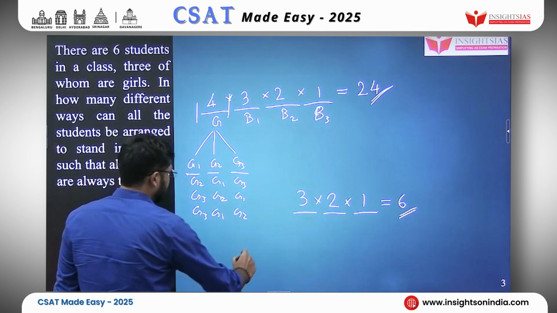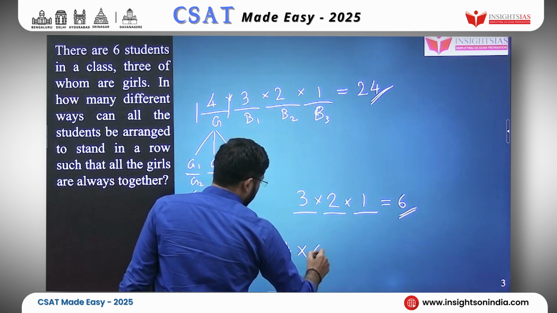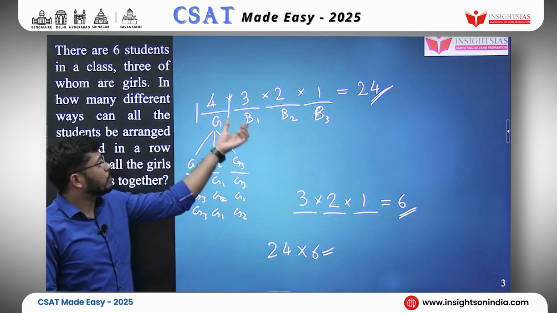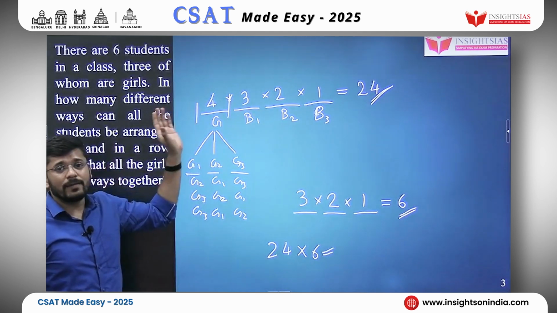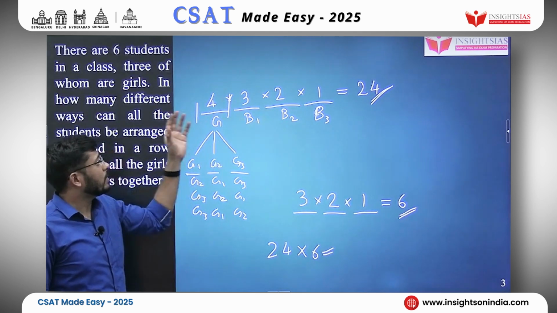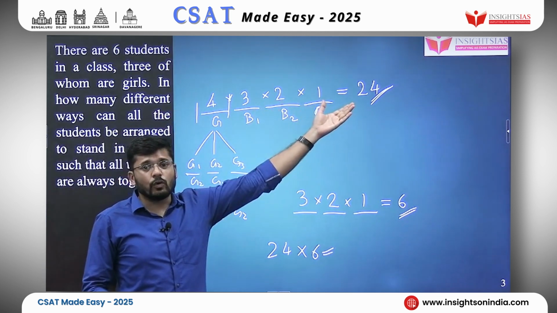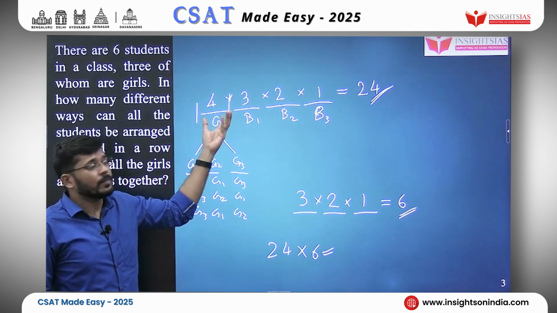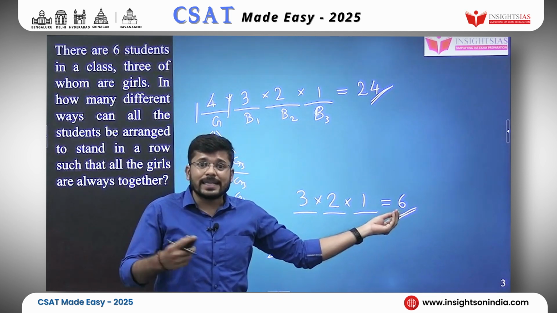What we need to do is multiply those two, 24 into 6, because wherever this block goes, this block can be arranged in different ways. Consider this one as a single block. There are 24 different ways in which this block can be positioned, right? In all those 24 ways, there will be further 6 different ways.